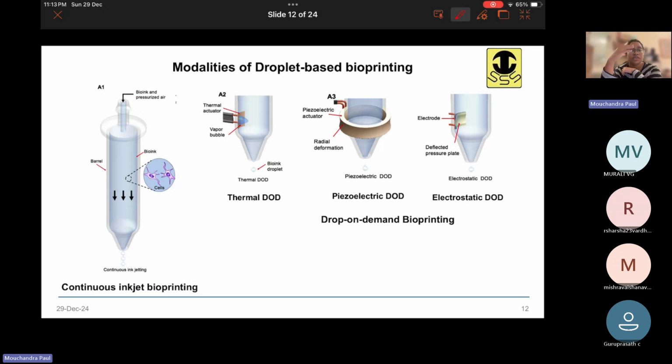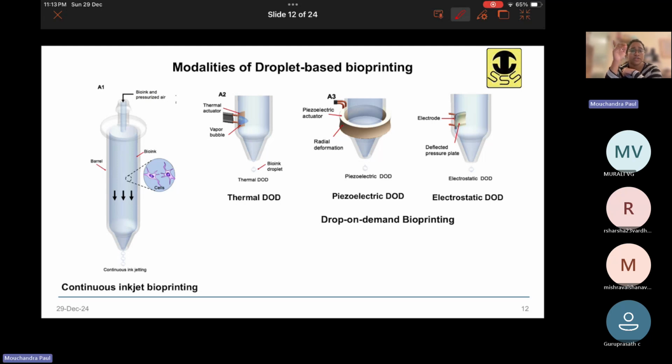You can use heating coils in order to create droplets, that is thermal DOD, or you can use piezoelectric actuators, which change shape in presence of an electric field, and then deformation of the cartridge generates a droplet.